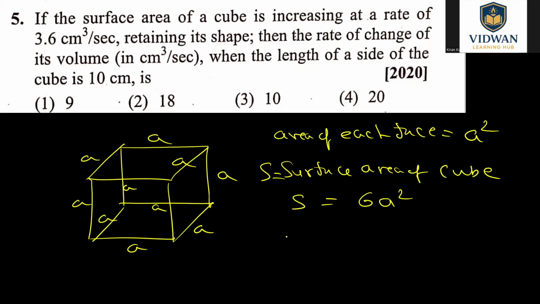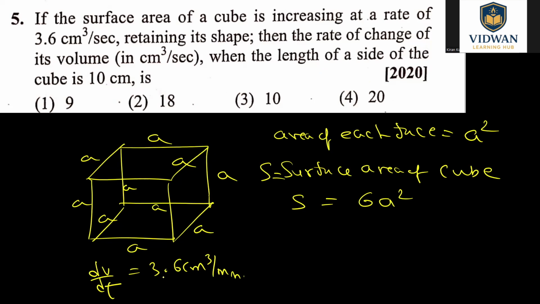So they have given us the rate of increase, dV by dt, 3.6 centimeter cube per minute. You are asked to find out the rate of change of the volume when the length is 10. I think they gave the unit wrong here because they mentioned the surface area is changing at this rate.